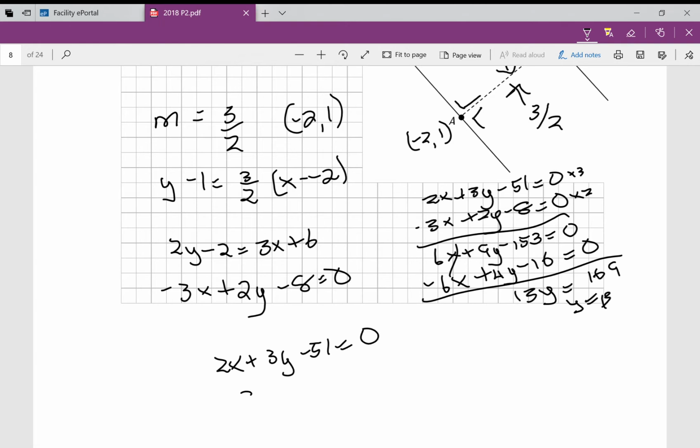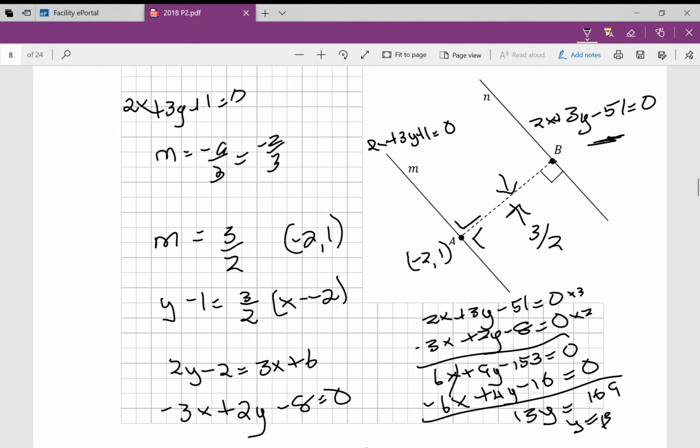So that's 2x plus 39 minus 51 equals 0. So that would be 2x equals 12, so that means x is equal to 6. So the point is 6, 13. So point B is 6, 13.